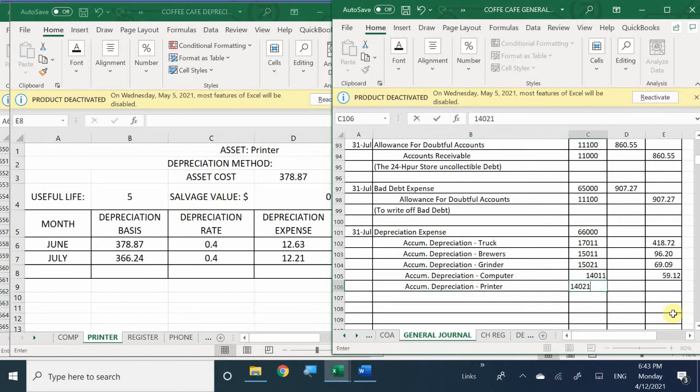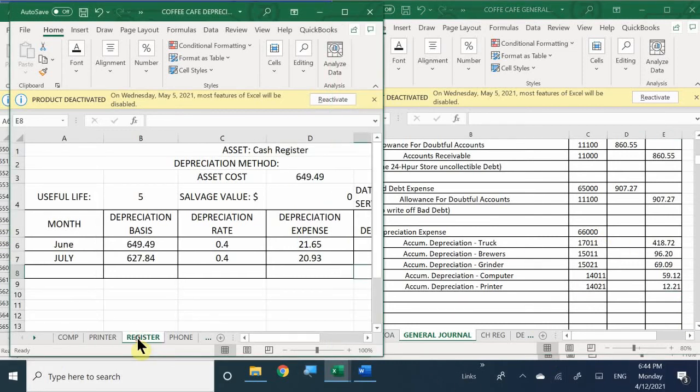Printer, right? 1421, which we know to be $12.21. Okay. Next we have our cash register.